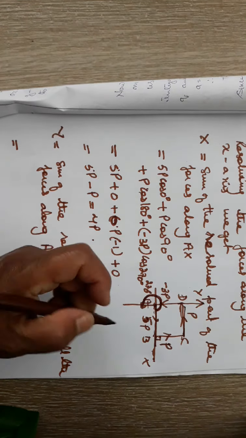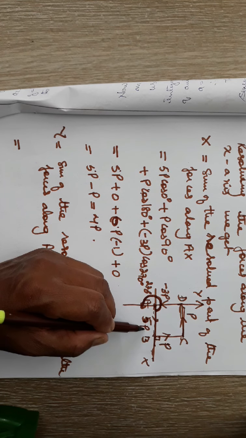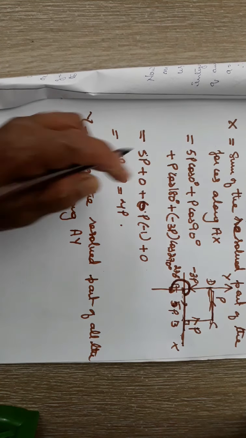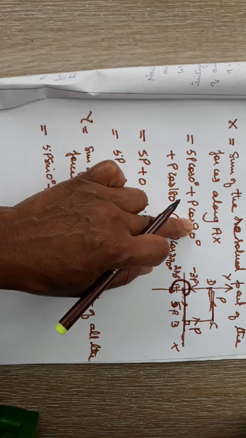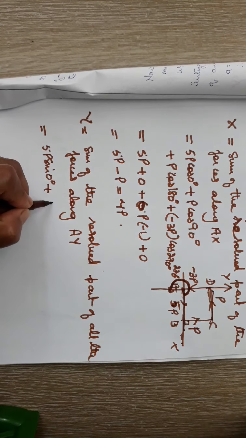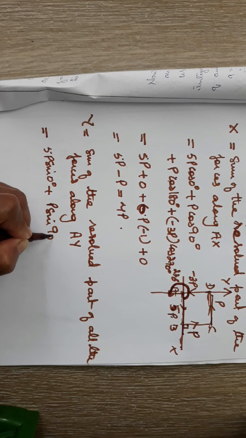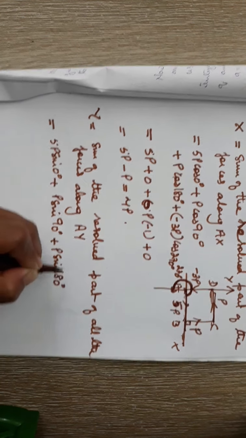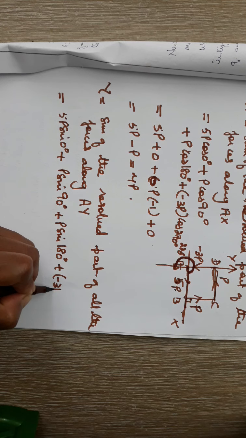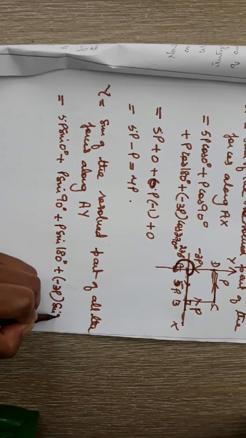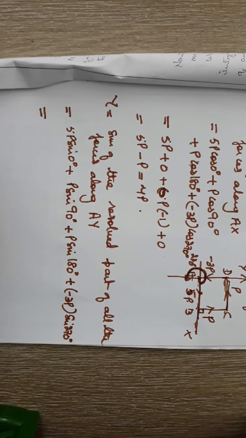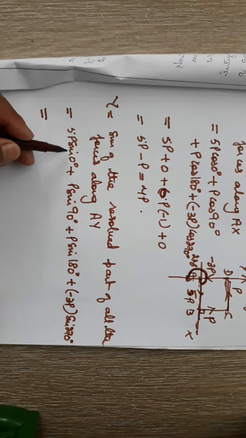So here you have the sum of the resolved part of this force 5P along the Y-axis, it is 5P into sine of 0 degree plus, instead of cos in the case of x, you replace it by sine. So you have P into sine of 90 degree plus P into sine of 180 degree plus minus 3P into sine of 270 degree. So this will be equal to, sine 0 gives you 0.